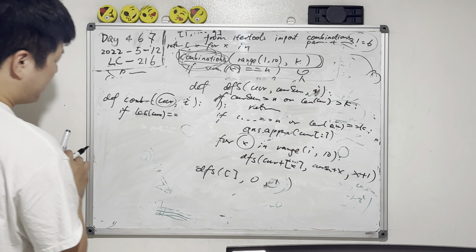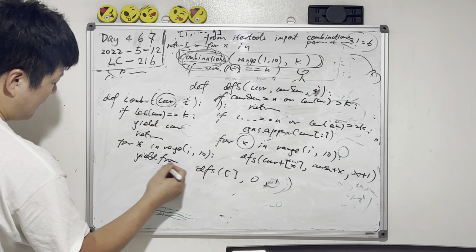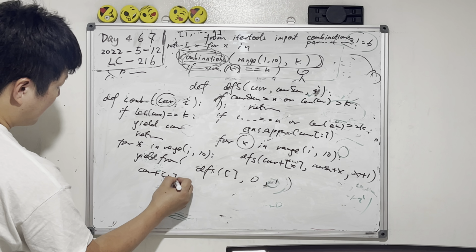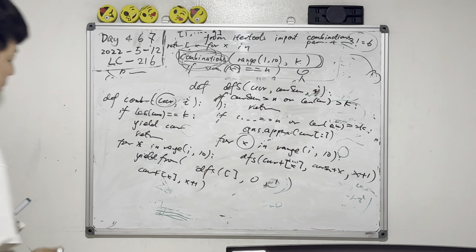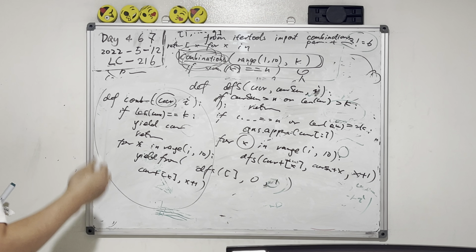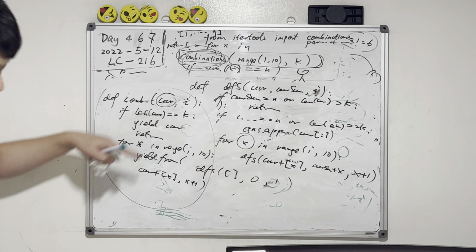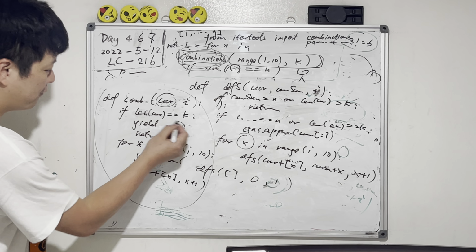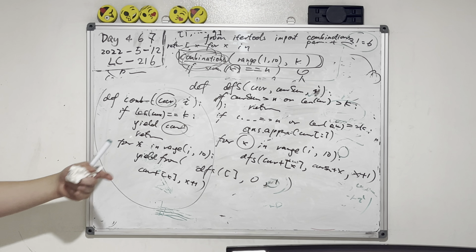Otherwise, we try for x in range i to 10, not including 10, and then we yield from comb of current plus x, and x plus 1. Basically this function just generates the iterator. It's like a promise: I promise I will generate this for you when you need it.